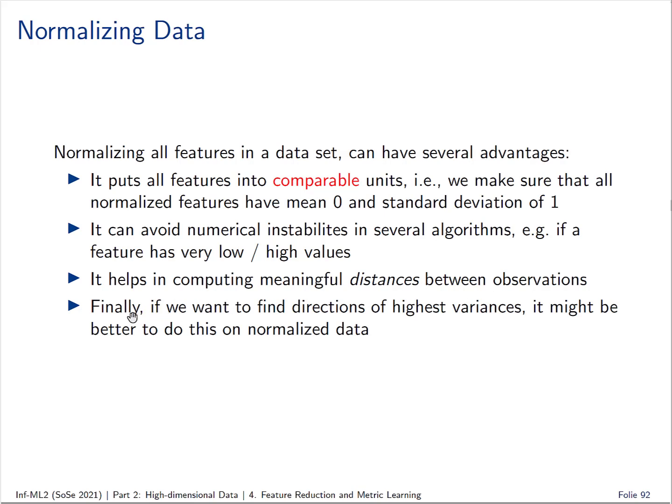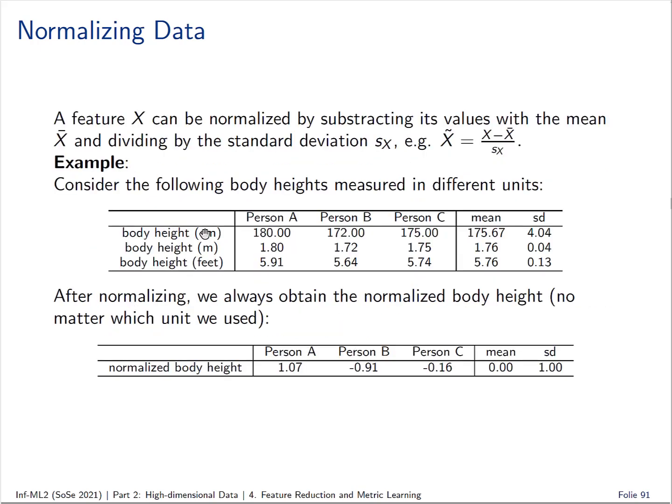And finally, which is what we are now targeting, if we want to find directions of highest variance, it might be better to do that on normalized data, because otherwise things that have a large scale, like centimeters in that case, would dominate the others. The spread in this first feature may dominate the variation in the other features.